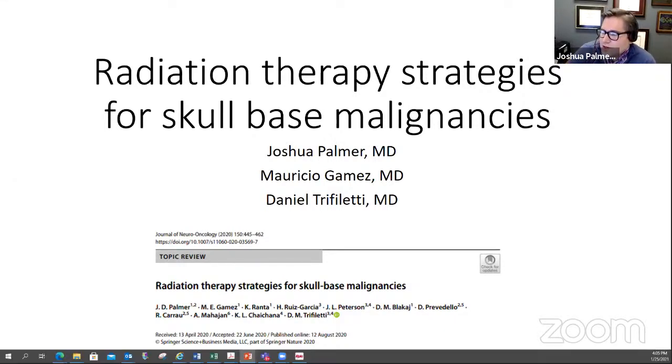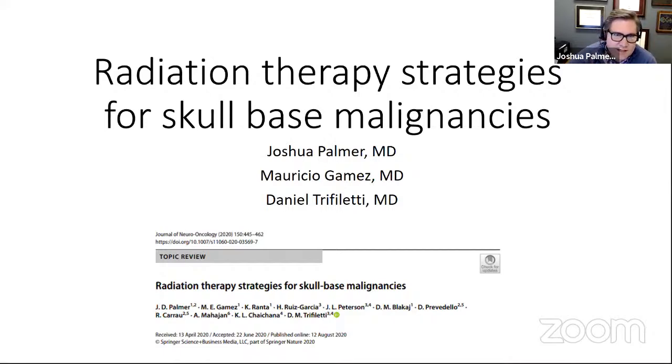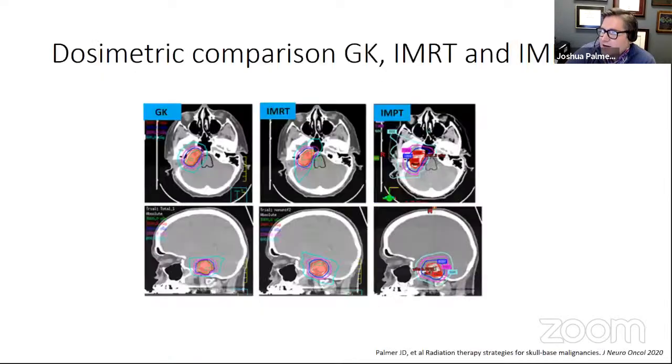We're going to go over some of the radiation therapy strategies that we use for skull-based malignancies, an invited review through the JNO. Most of what I want to cover, mostly in a discussion format, is how do we choose the different techniques? What are the ramifications of different radiation techniques?